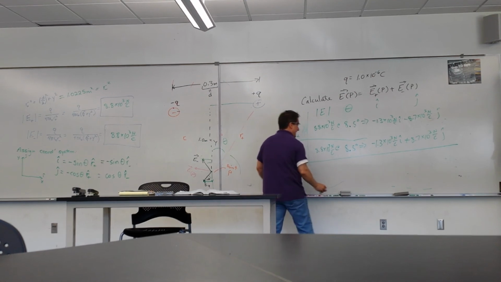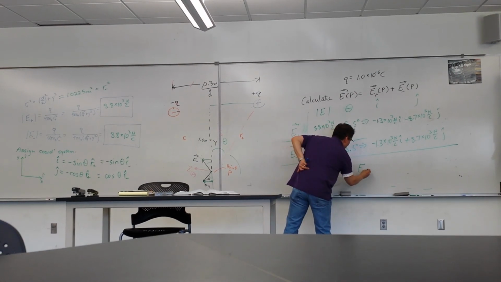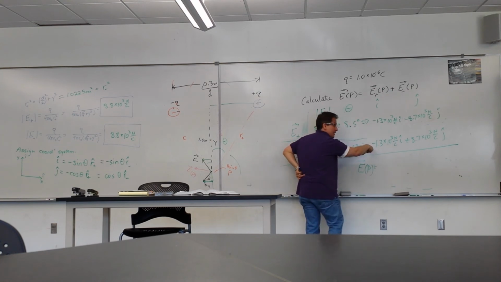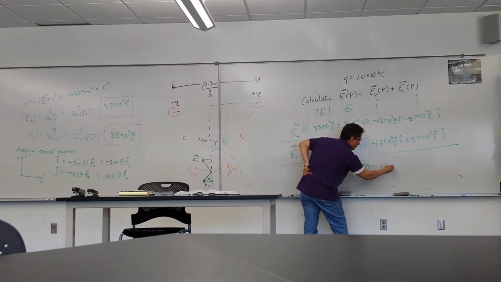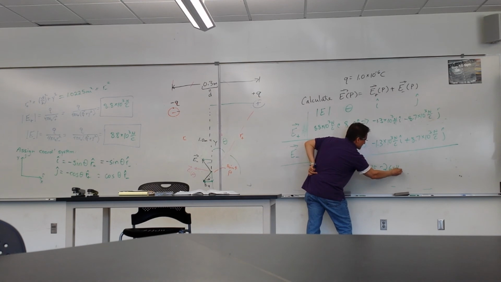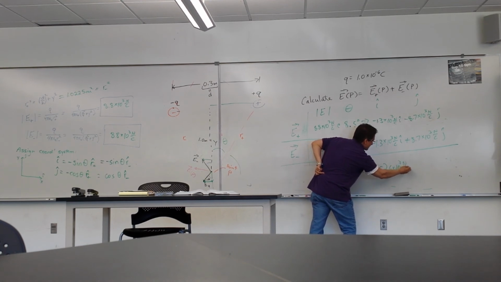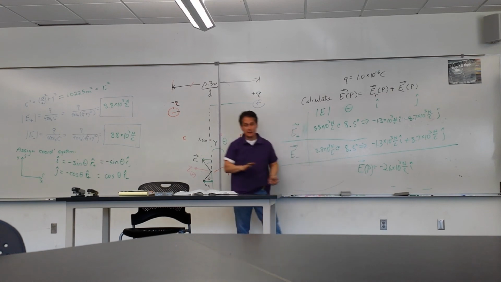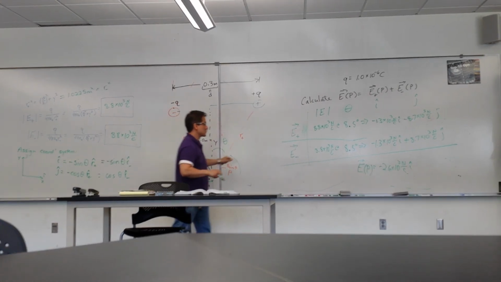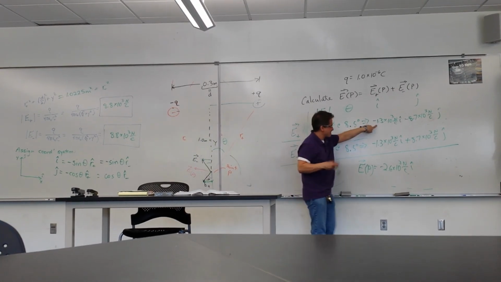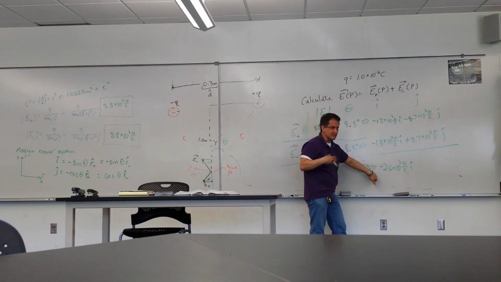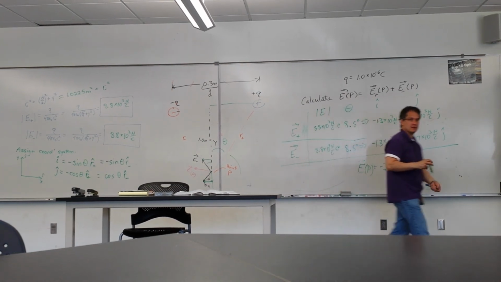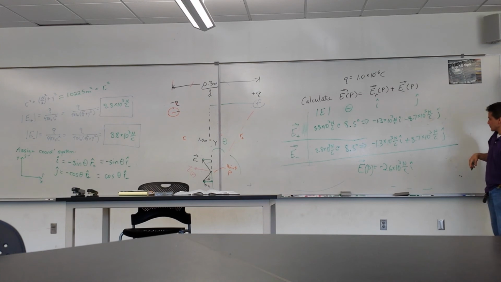If I want to get E net, or E at P, the total E, I'm going to add these together. It's going to give me negative 2.6 times 10 to the third, any slight rounding error notwithstanding. If this is really 1.27, it is going to change that number a little bit, assuming these numbers are close enough.